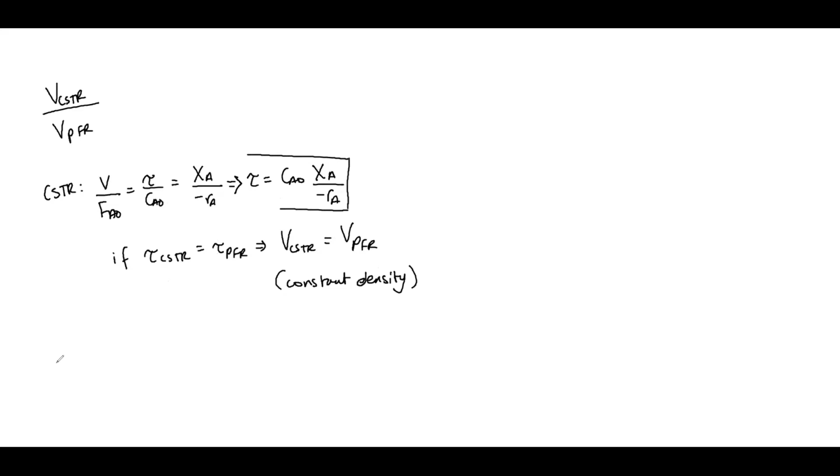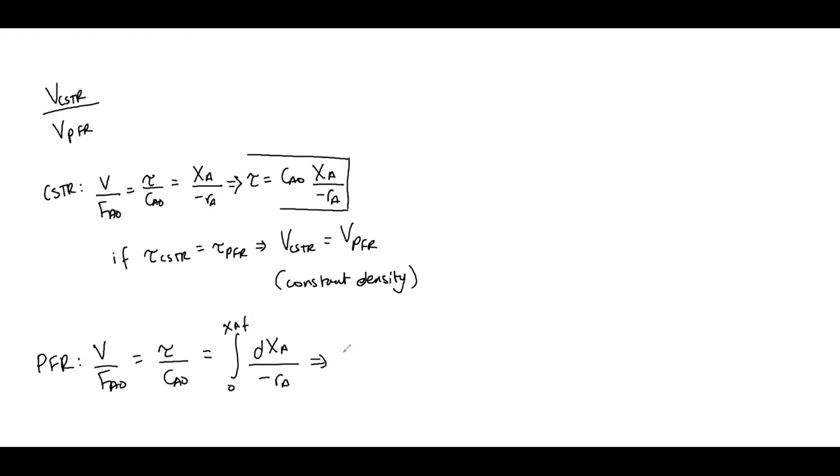So just for a CSTR, and for a PFR, we'll do something similar. So PFR, let's write the performance equation for a PFR. Again, we said it's V over FA0 is equal to tau over CA0 is equal to the integral from 0 to XAF of dXA over minus RA.